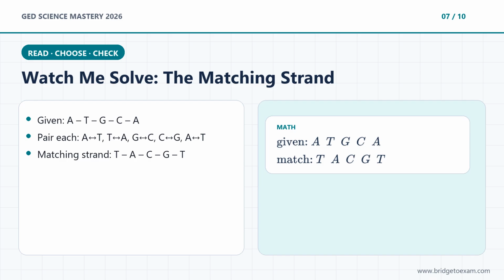A pairs to T, T pairs to A, G pairs to C, C pairs to G, and A pairs to T. So the matching strand is T, A, C, G, T. Check. Every A lines up with a T, and every C with a G. No forbidden pairings, so the answer holds.